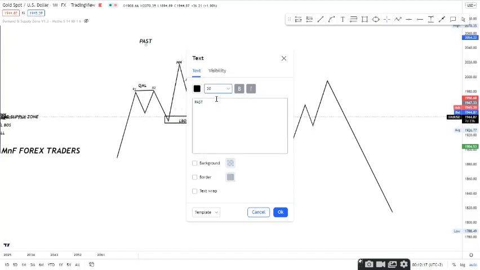In the past, what we have is this. We have a QML, we have the low and breakout structure, we have the high, we have an MPL or not, then we have the lower low.